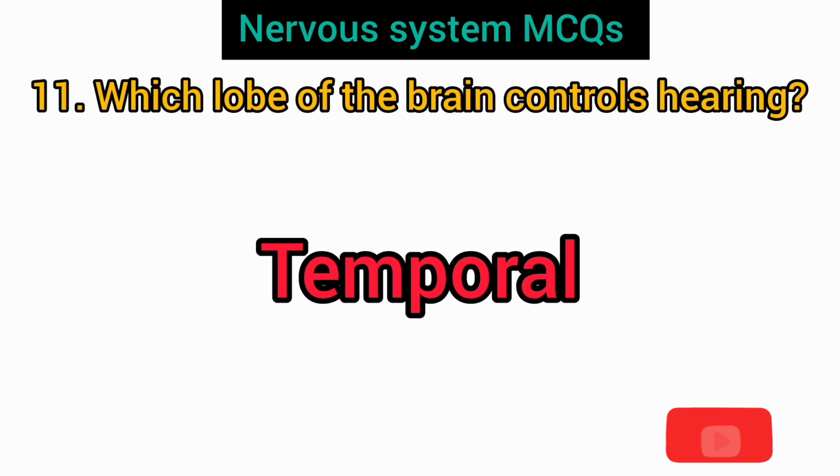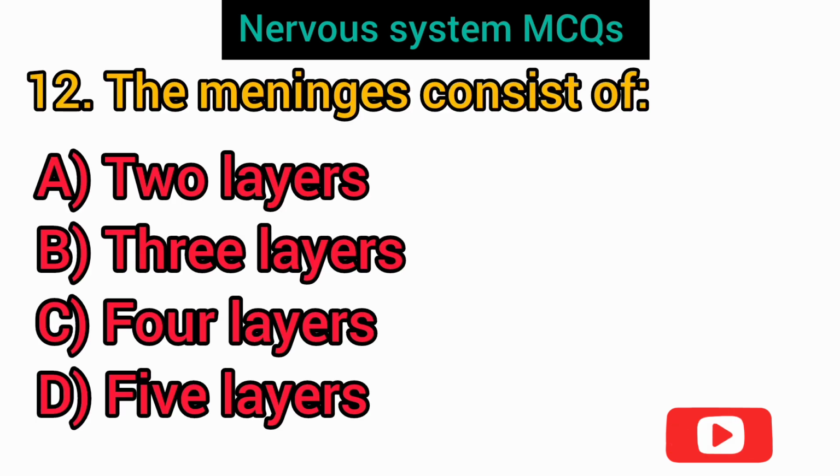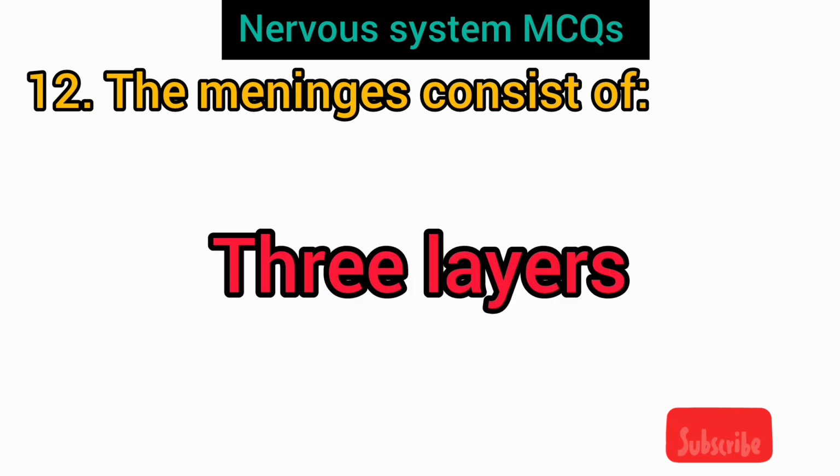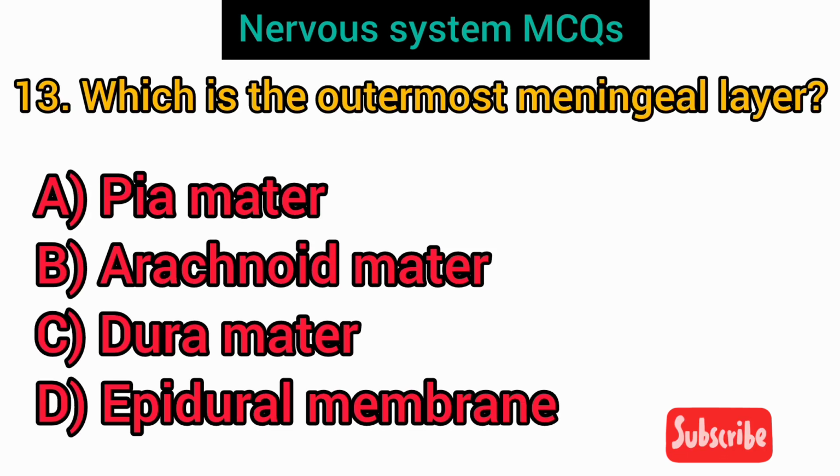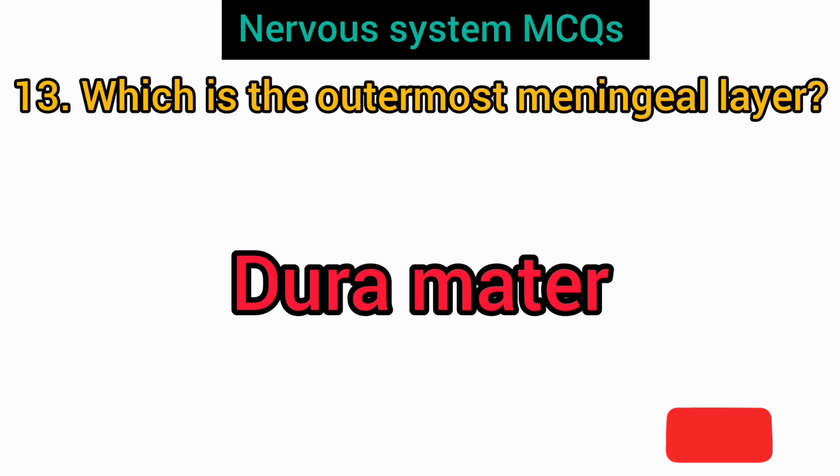Temporal. The meninges consist of three layers. Which is the outermost meningeal layer? Dura mater.